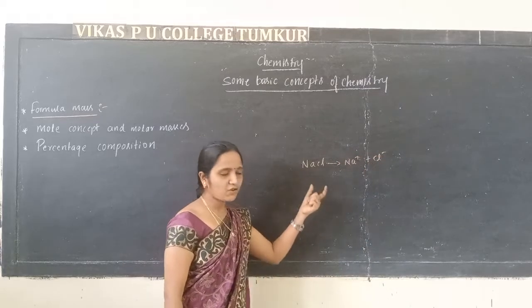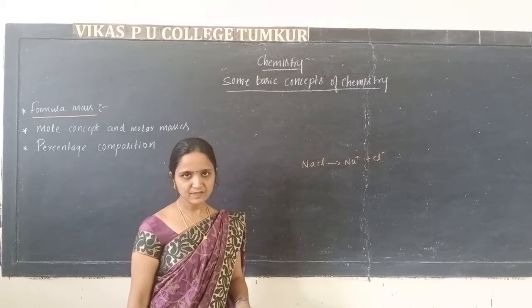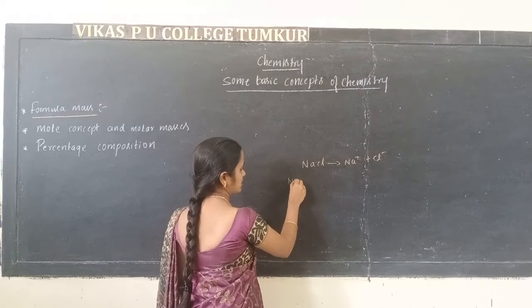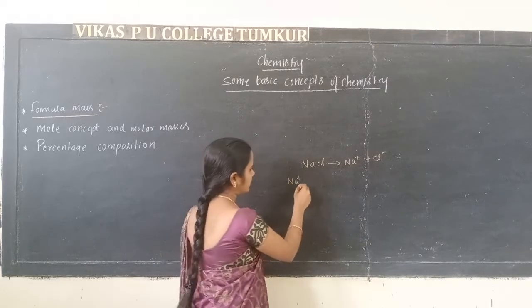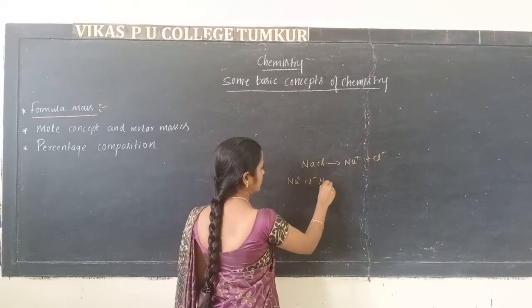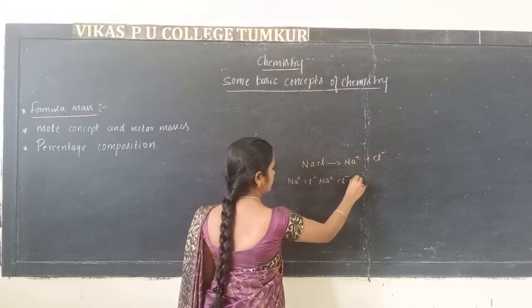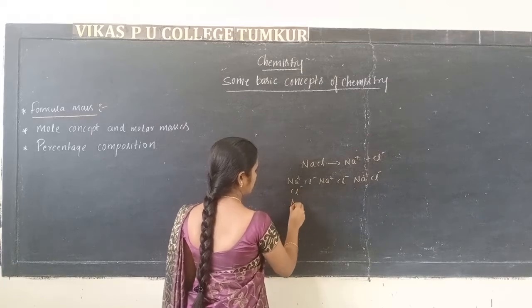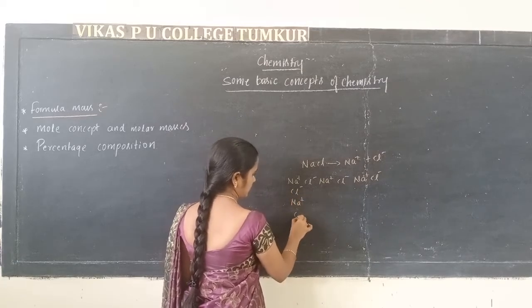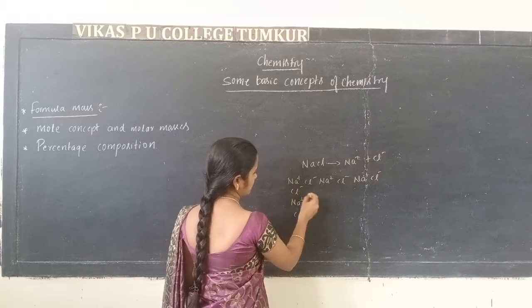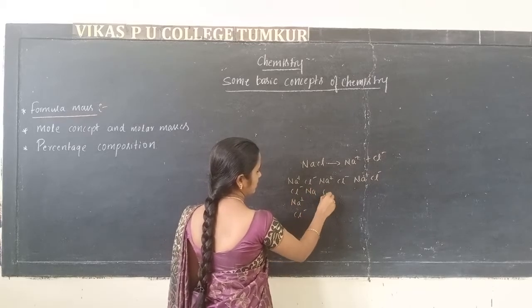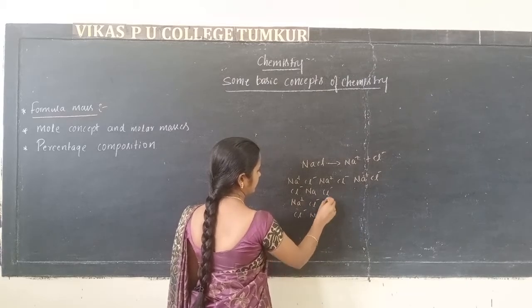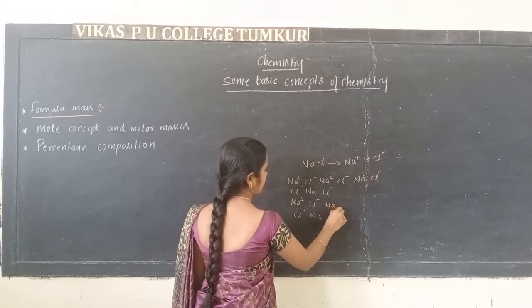The arrangement of these ions in this compound is like this: sodium, chlorine, sodium, chlorine, sodium, chlorine, and so on.